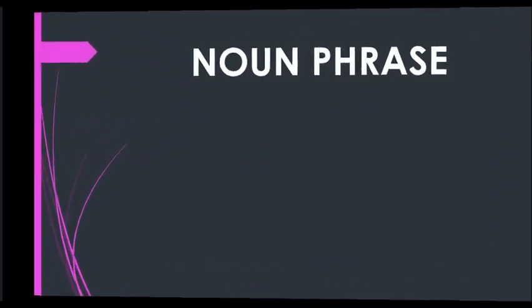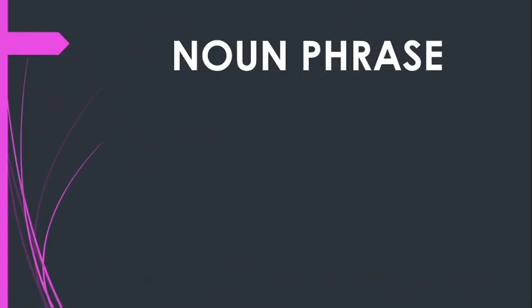So, without wasting time, let's come to noun phrase. A singular noun or pronoun can act as a noun phrase. But since by definition a phrase is usually taken as a group of words, we will improvise the single word noun or pronoun in a different manner.